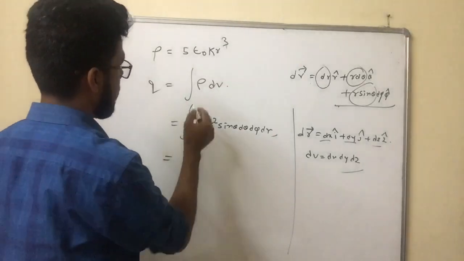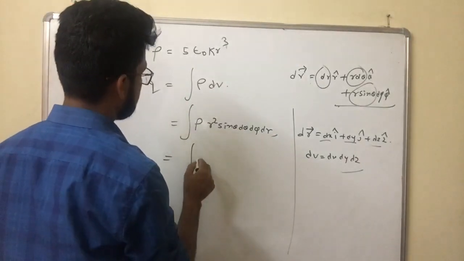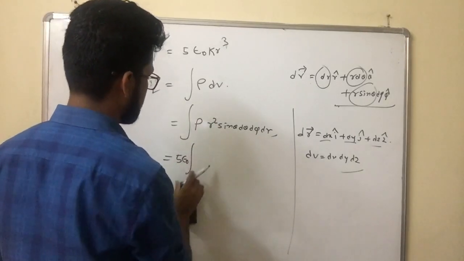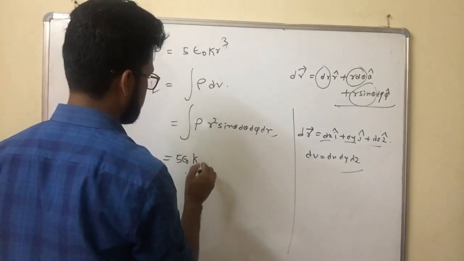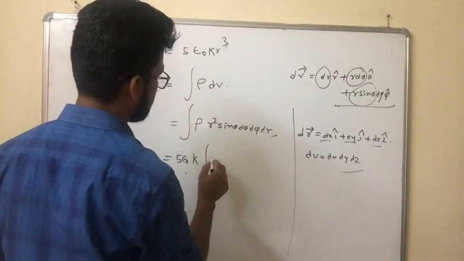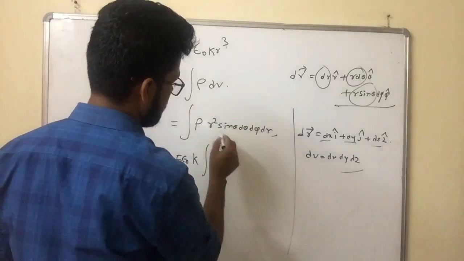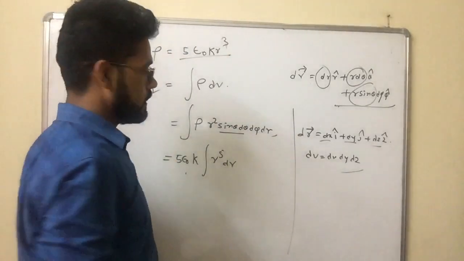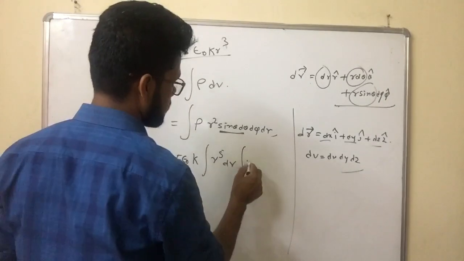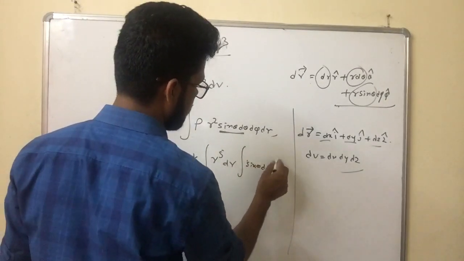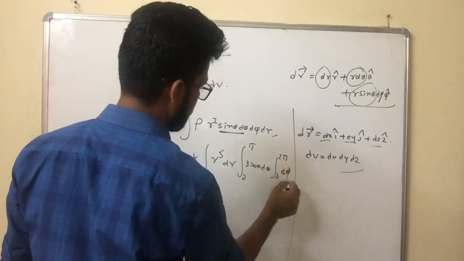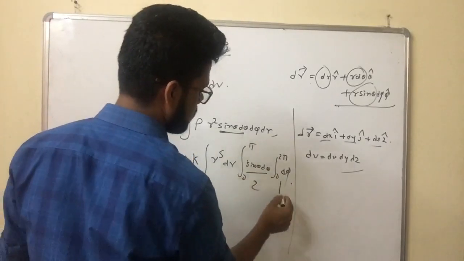So put this value, 5 epsilon naught k comes out. It will be r^5 dr. This rho does not depend on theta and phi. So the integral of sin theta d theta from 0 to pi gives 2, and phi from 0 to 2 pi gives 2 pi.